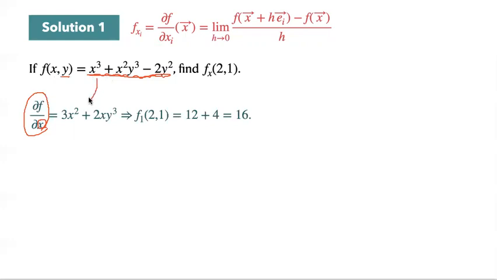In this case, x cubed is differentiated like this: 3x squared, right? And when we differentiate this term, x squared y cubed, then y cubed is a constant in this case, right?